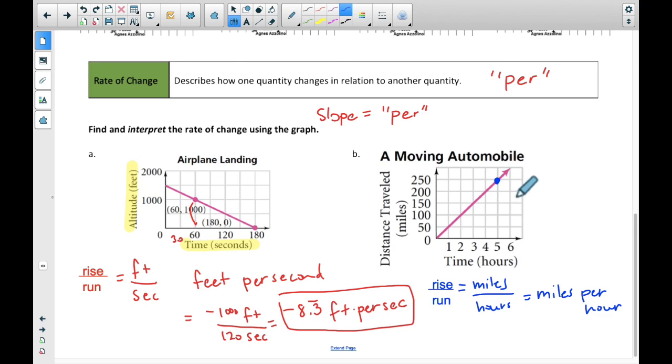I can see that there's a point there, a point there, a point there. Actually all of them have an intersection point. But again, it's not up 1 over 1. It's up 50 over 1 and up another 50 and over 1. Or if you want to look at the whole thing, you could say it's up 250 and a run of 5. But that reduces to the 50 over 1 that I was just talking about a second ago. So this is 50 miles per hour.